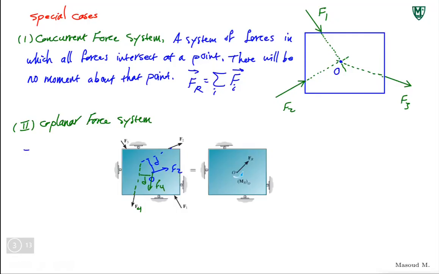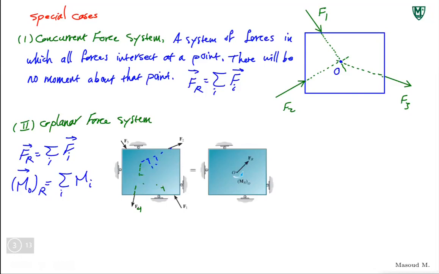So the resultant force, Fr, is the summation of all the forces in this case. And the resultant moment about point O is the summation of all the moments created by these forces. I'm just going to call it Mi, i from 1 to however many forces we have. As long as we know the distance, we can find Fd, or in three-dimensional space, r cross F.